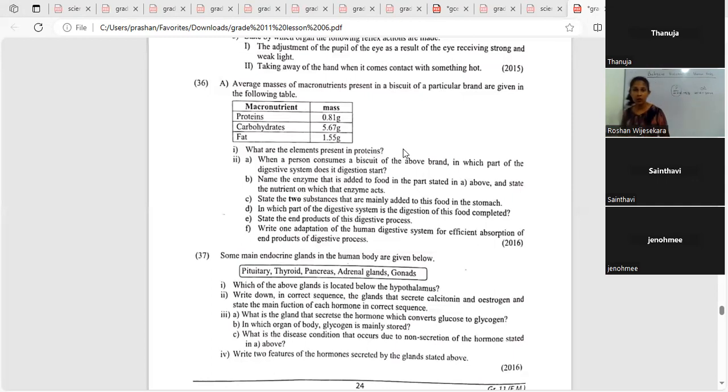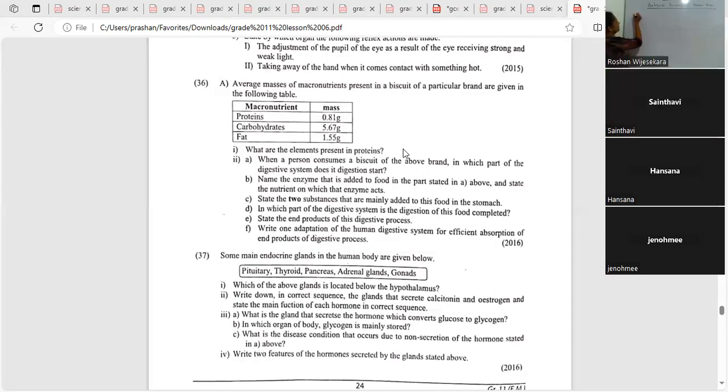Carbon, hydrogen and oxygen are common to all biomolecules. When considering protein, nitrogen is also contained. So the answer to part A, first question: carbon, hydrogen, oxygen and nitrogen. Then question number 2, part A.